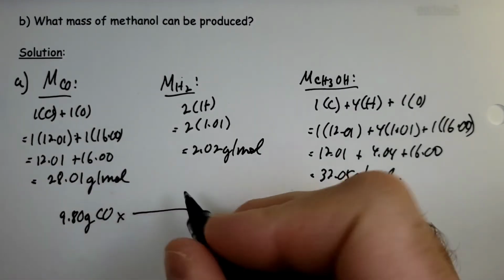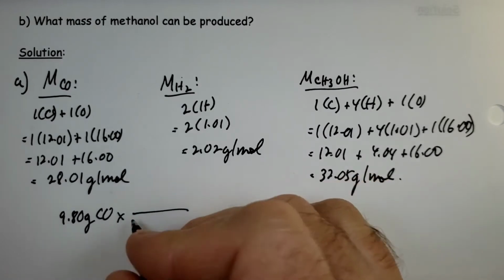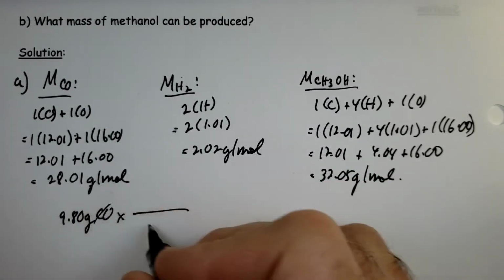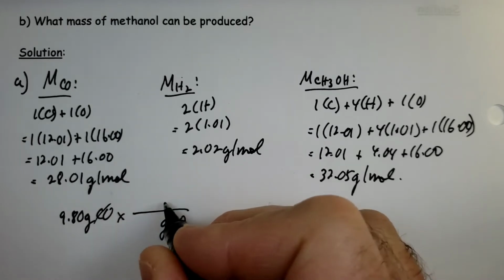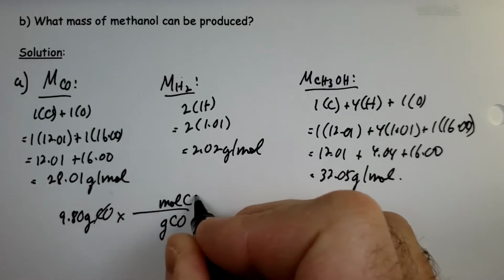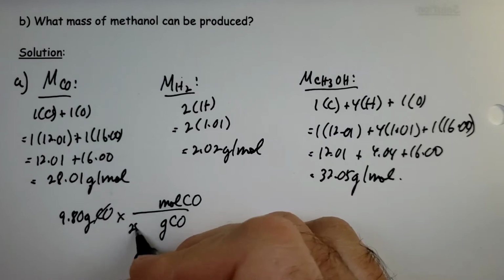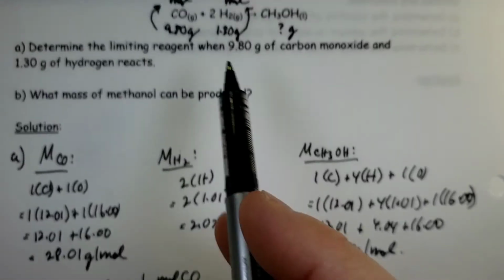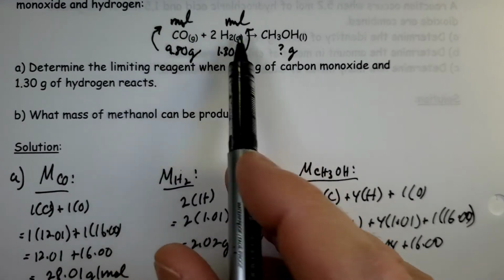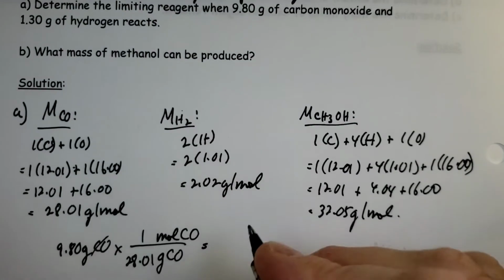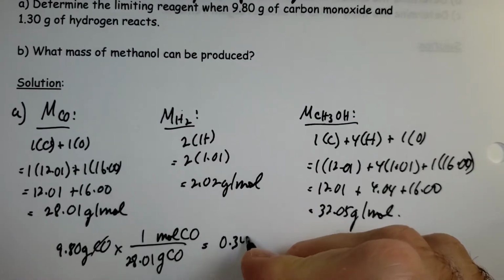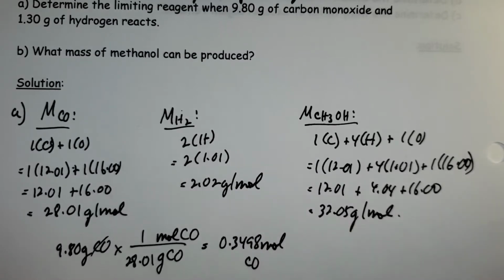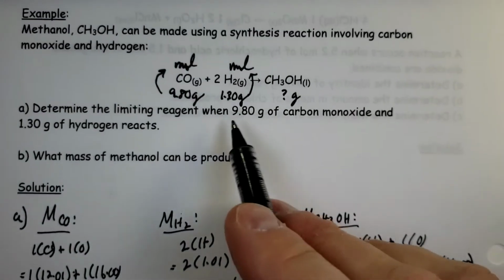We're going from grams to moles, so on your blue sheet you can look at that, grams to moles. Obviously we're going to have grams on the bottom and moles up top. 28.01 grams is 1 mole. We're not using this mole relationship yet. So that gives us 0.3498 moles of CO.